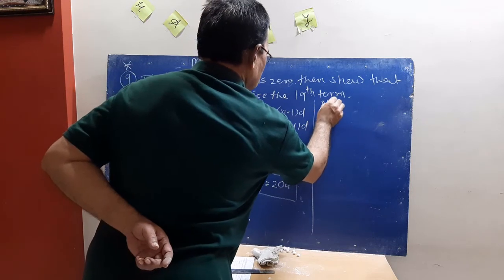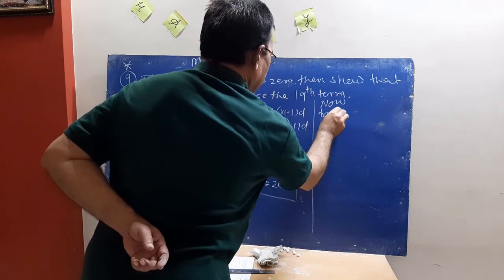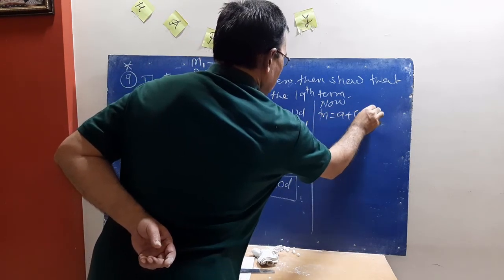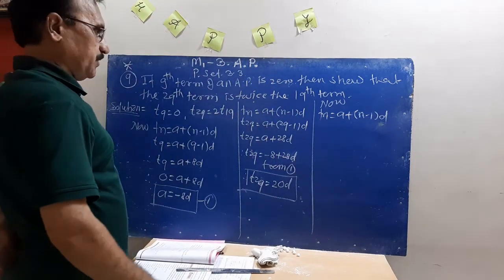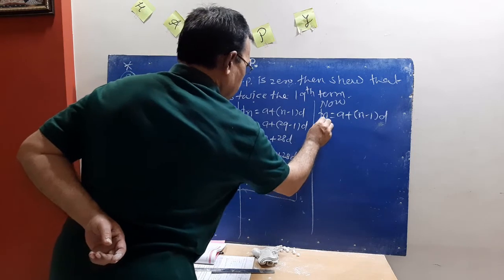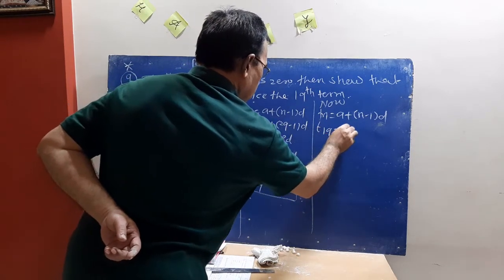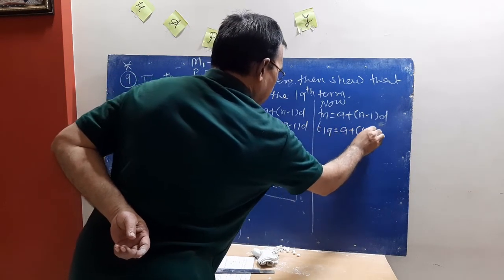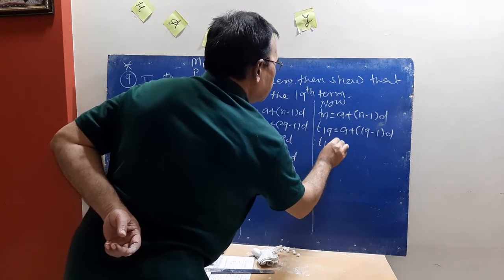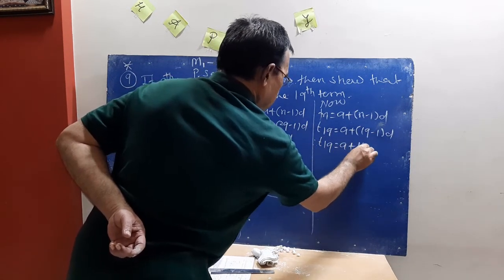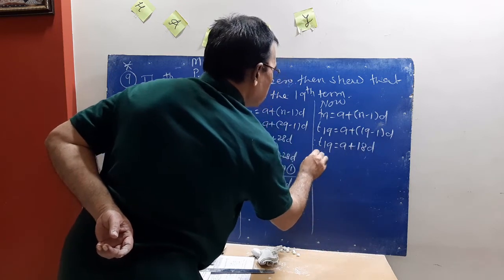Now again Tn is equal to a plus n minus 1 into d. Then T19 is equal to a plus 19 minus 1 into d. Then T19 is equal to a plus 18d.